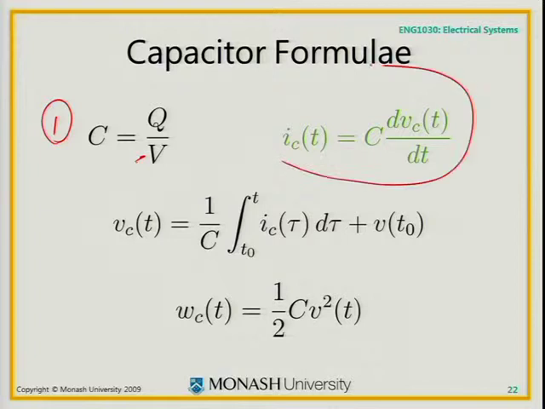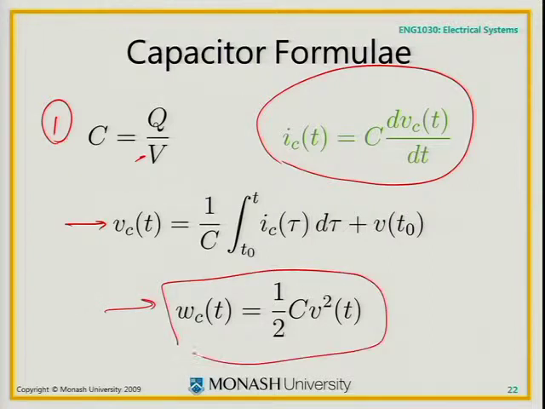Probably the most important one for us: I equals C times dV by dt. That's like Ohm's law for capacitors for us. You can integrate the current to get the voltage, and the energy stored, we've just seen, is a half C times V squared. That's really everything we need to know to characterise capacitors.